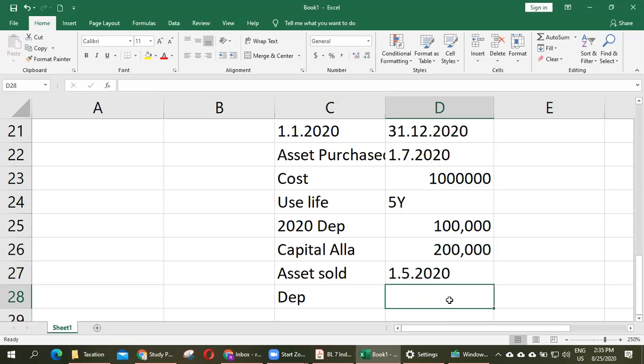January, February, March, April. Only 4 months. Then how much accounting depreciation for this asset? Any answers? How much?